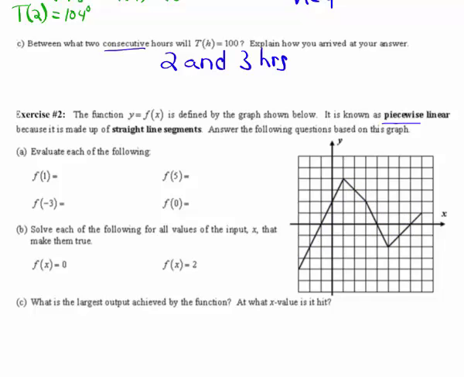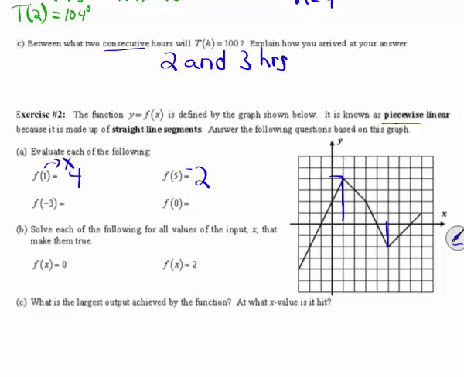When they're asking it in this way, the number inside the f of 1 means your x value. So we're going to be looking at our chart. If I want f of 1, well, here's where x is 1, and I'm going to read up, which means 1, 2, 3, 4, that equals 4. If I want f of 5, I'm going to count over to 5, 1, 2, 3, 4, 5, and I go down, that one's equal to -2.